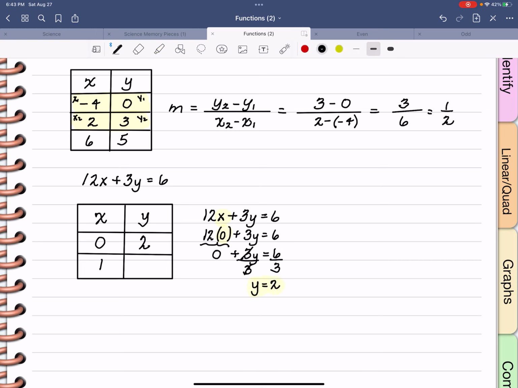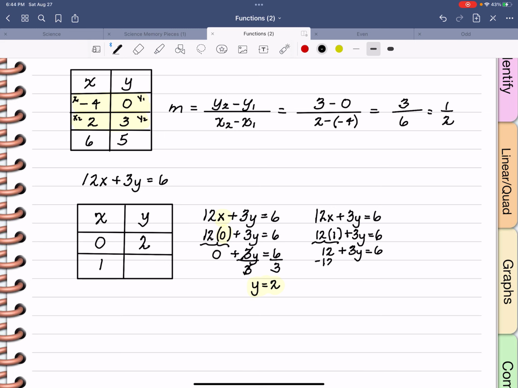Let's do it one more time, where we have 12x plus 3y equals 6. And this time I'm going to let the x be 1. So I'll plug in the 1, and we get 12 plus 3y is 6.